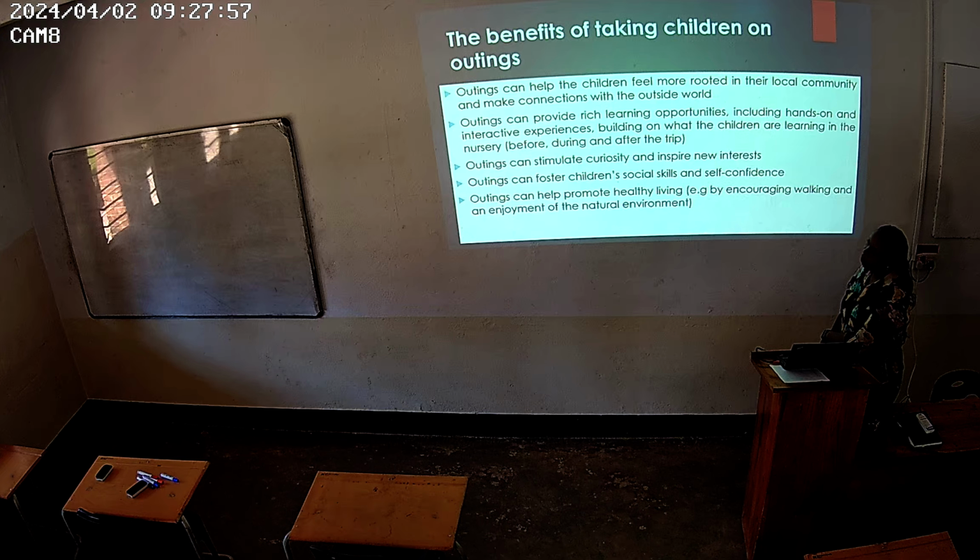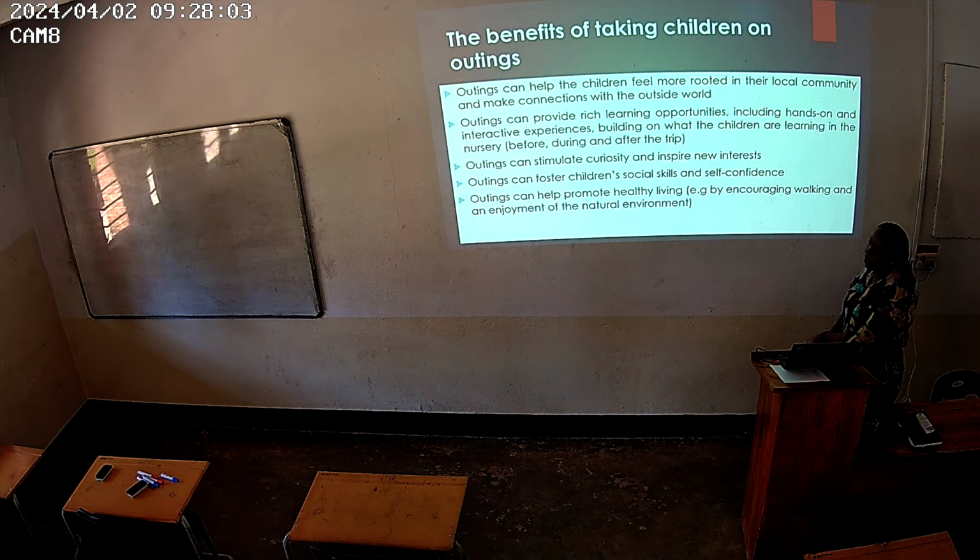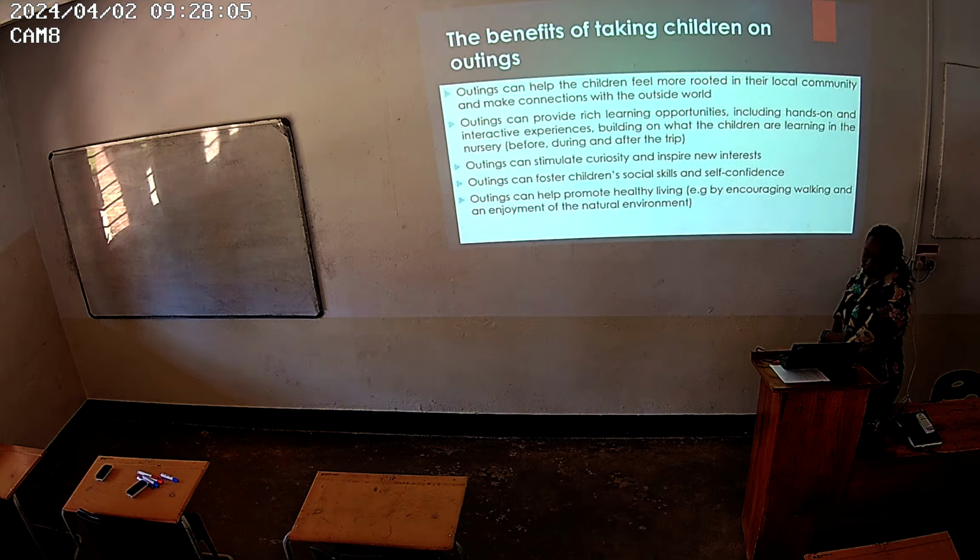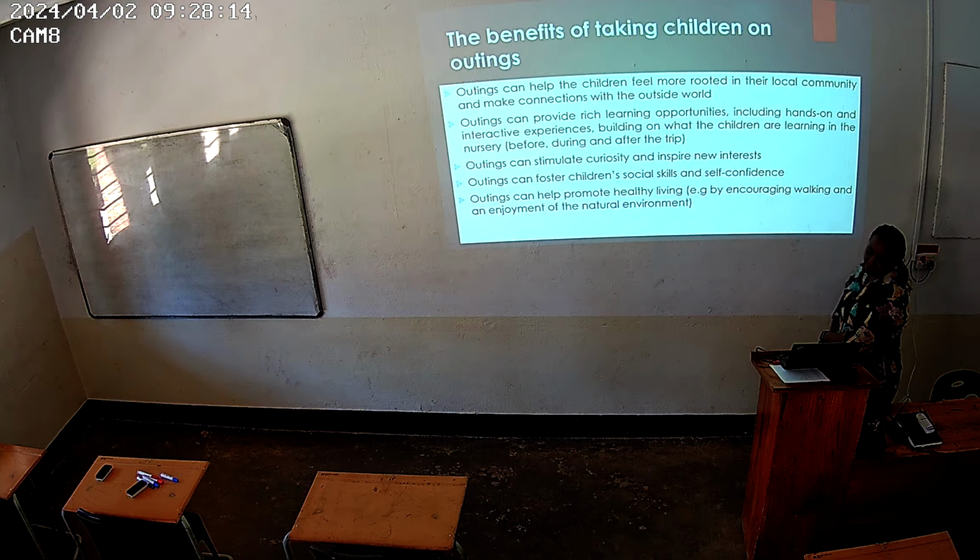So whatever they're learning, they connect to what they're doing in the outside world. So it's important that the children have outings. Outings can provide rich learning opportunities, including hands-on and interactive experiences, building on what the children are learning in the nursery or the school.